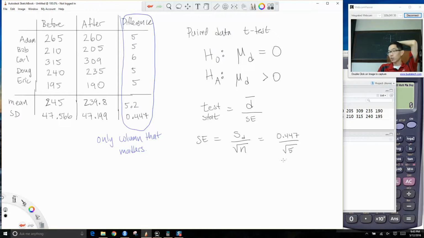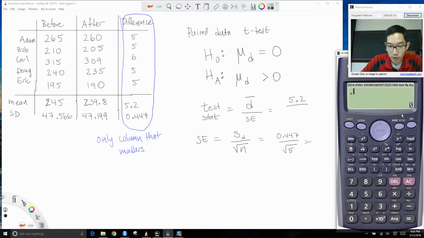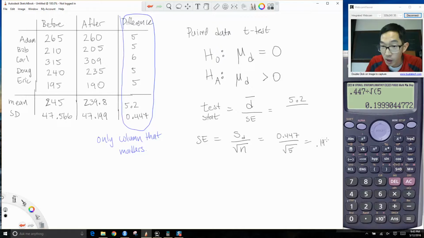It's just one column of values, okay? So we're going to have 0.447 divided by the square root of 5, which is 0.199999. So that's practically 0.2, okay?